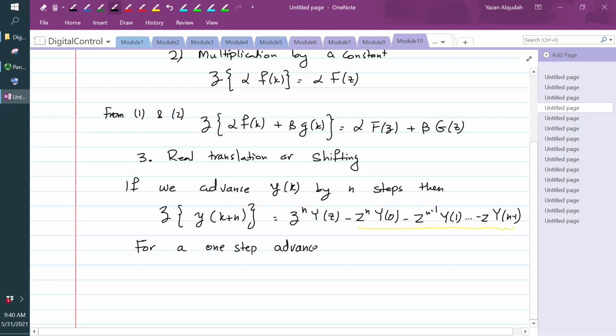If I shift the signal to the left, the Z transform of e of k plus 1 is going to equal z multiplied by e of z minus z multiplied by e of 0.